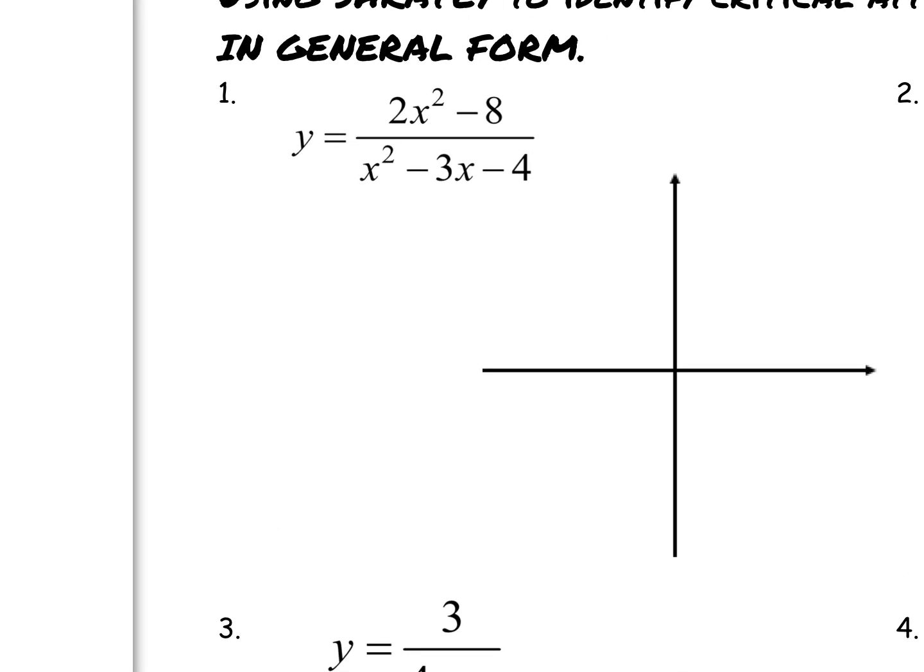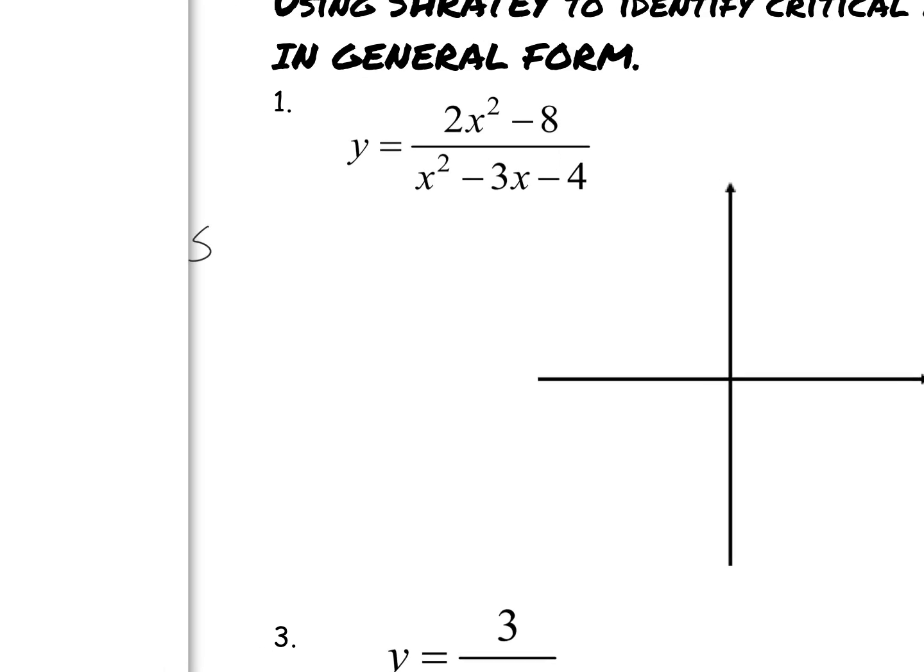When you look at this equation, the first thing we got to do is simplify it. So over here to the side, I'm going to start off with S. So my job is to simplify it. So I'm going to start factoring. If I take the 2 out up top, I end up with x squared minus 4. Everybody agree? On the bottom, I'm going to end up with 2 factors. You could do this work off on the side, whatever you want to do. What's going to happen to that x squared minus 4?